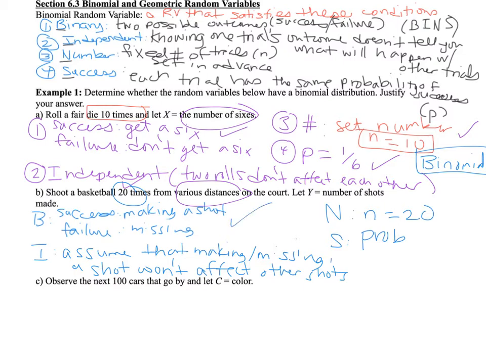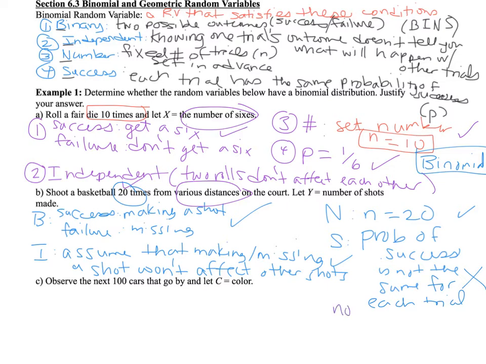The first 3 actually checked out, but the last one is not going to be the same for every trial. So that one's not going to work. Because of that, we're going to say that this is not a binomial random variable.